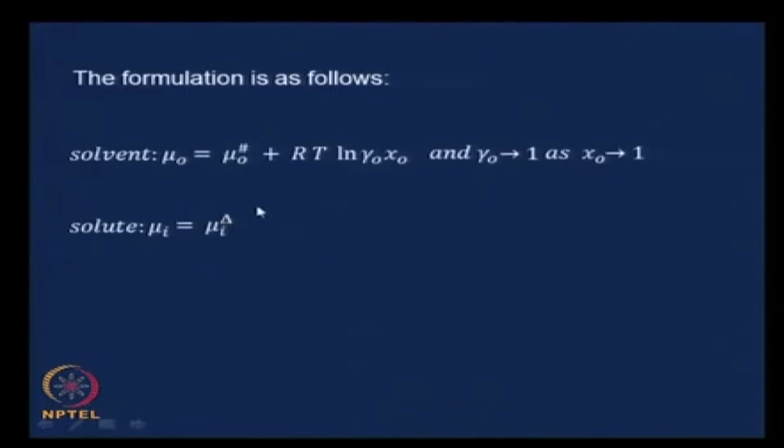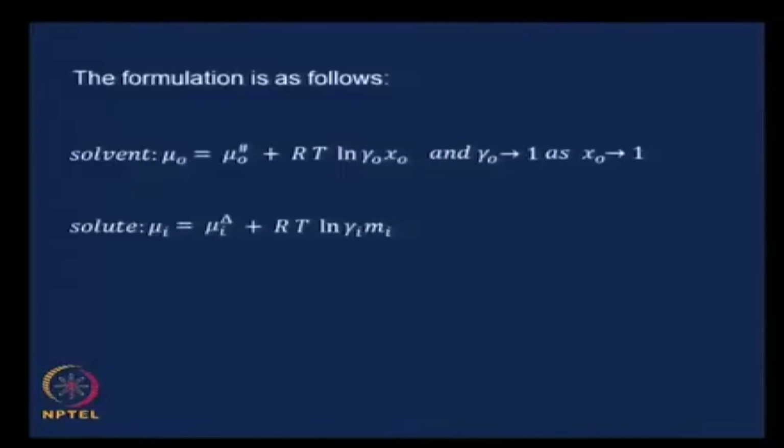This is based on molality, moles of the solute by the mass of the solvent, plus RT ln gamma_i m_i, in molal units, and the activity coefficient gamma_i tends to 1 as m_i, the molality, tends to 0. Let us call this equation 669.